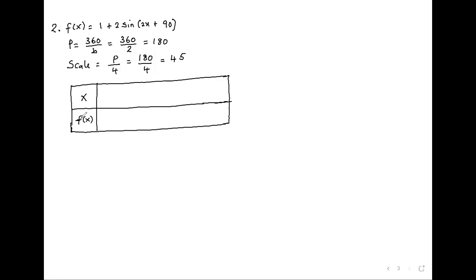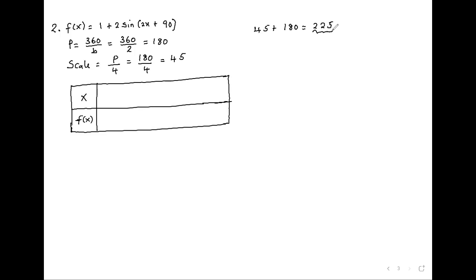So we'll sketch starting from 45 all the way up. So we'll just add 45 plus the period. The period is 180, so plus 180. So we'll get 225. This is where we'll end. That is where sine will have its complete oscillation.